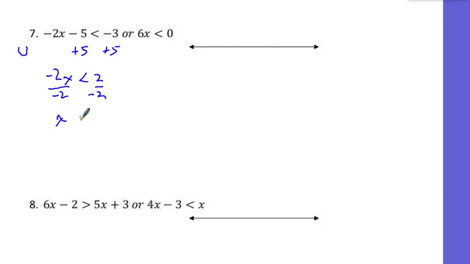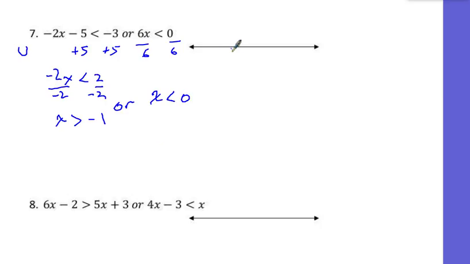And x is now greater than negative 1 because we divided by a negative 2. The inequality sign will open in the other direction. This OR, we divide both sides here by 6 to get x by itself, x less than 0.